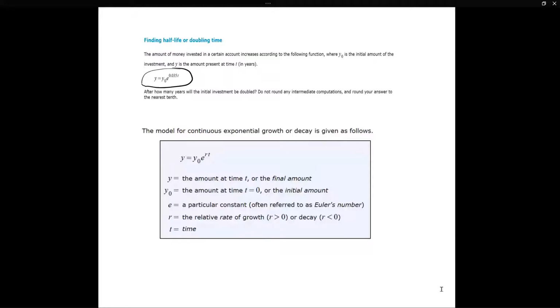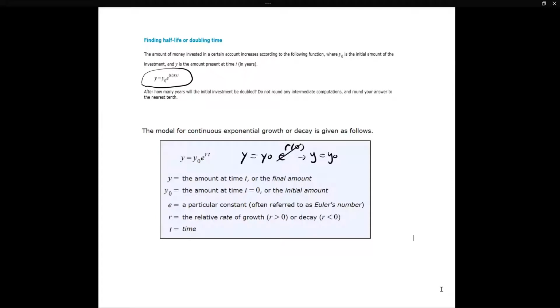If t is 3 years, then y is the amount at 3 years, or the final amount. y0 is the initial amount, at t equals 0. So if you put t as 0, this becomes e to the 0, which is just 1. So in this case, y equals y0.